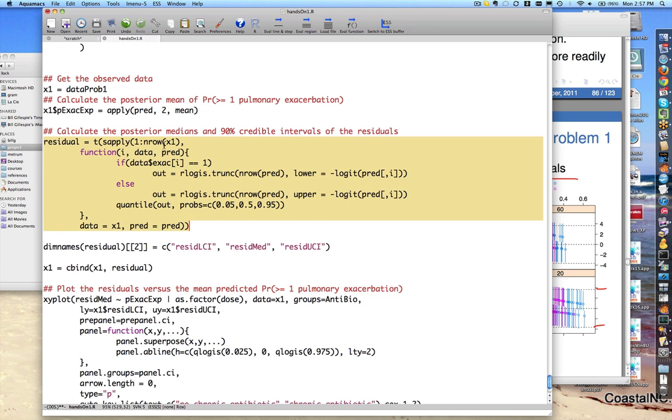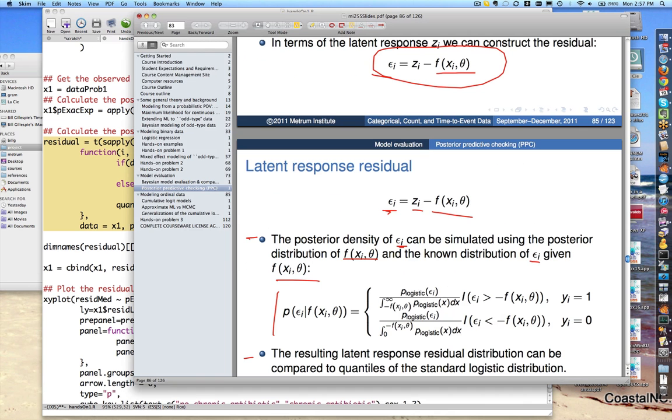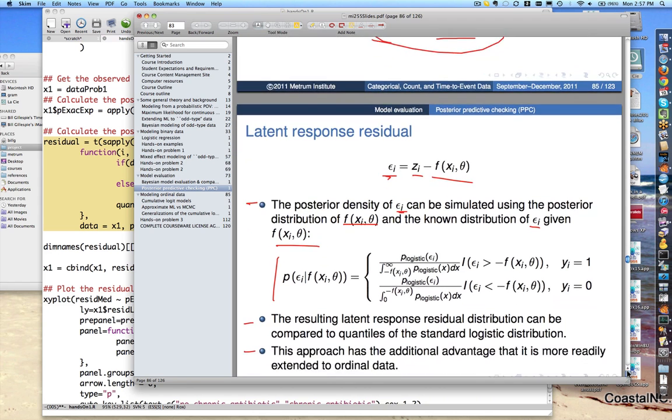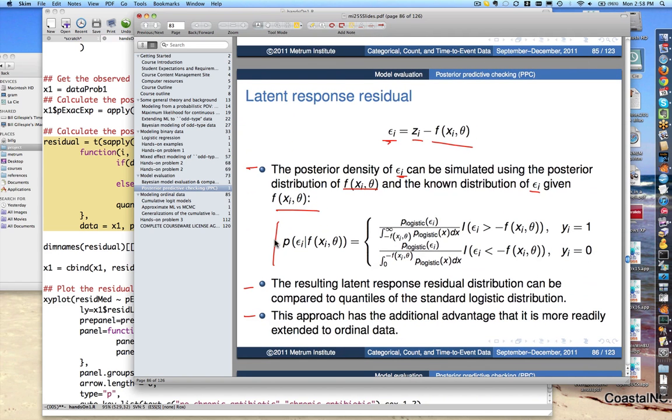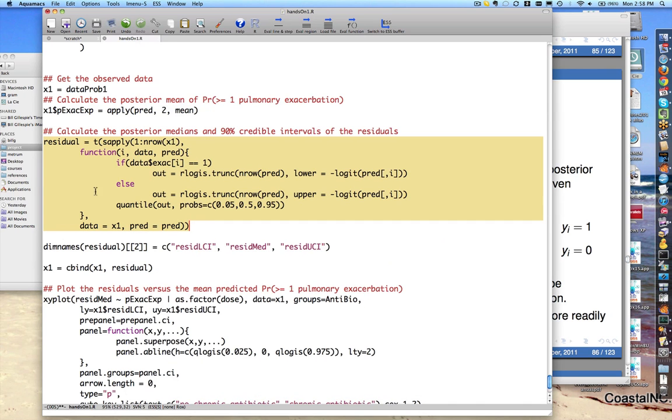And what you're looking at in this section is going through and stepping through all of our posterior samples and doing what you see in the slide right here. So this relationship that you're seeing, where it's dealing with the truncated logistic distribution, is exactly what's happening inside this set of code right here. And then it calculates again the 5th, 50th, and 95th quantiles of that in there.